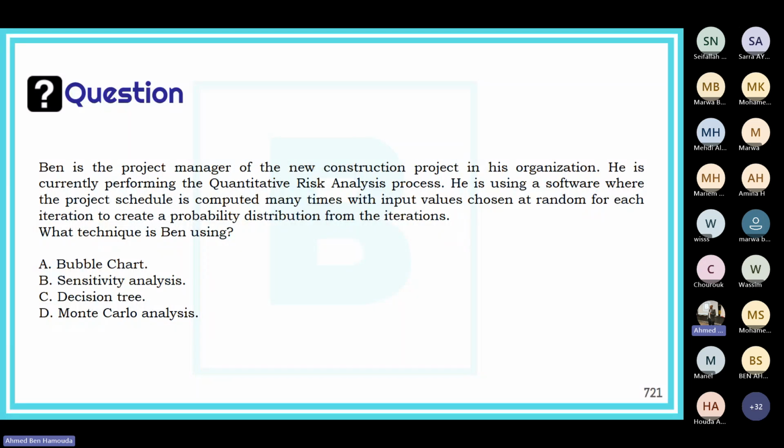So here we're having the definition of the Monte Carlo analysis. So exactly, it's a software base where the schedule, for example, is computed many times through various input values chosen at random, and therefore he should be able to create a probability distribution from the iterations. Now, what technique is being used?